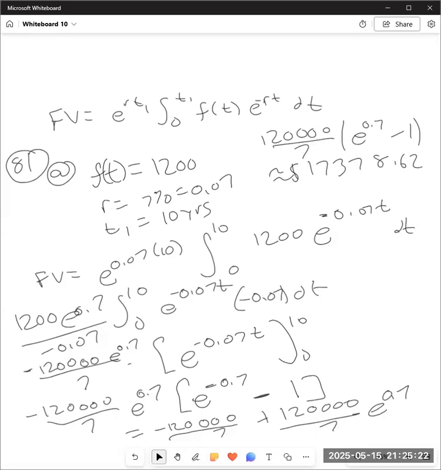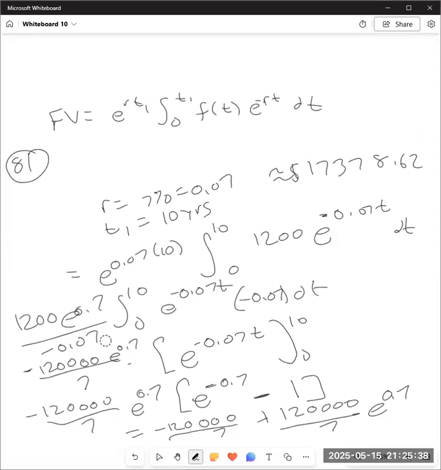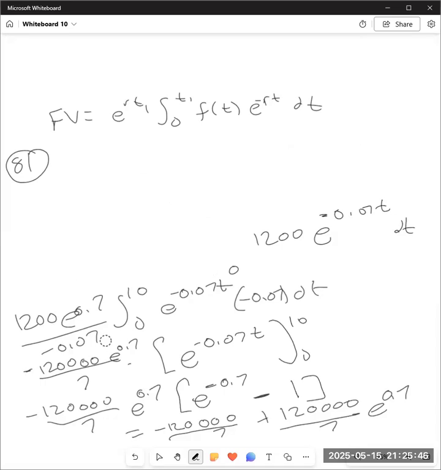So that's going to be, let's go ahead and clean all this up, because we were only looking at 10 years for the first part, so that number doesn't help me at all.